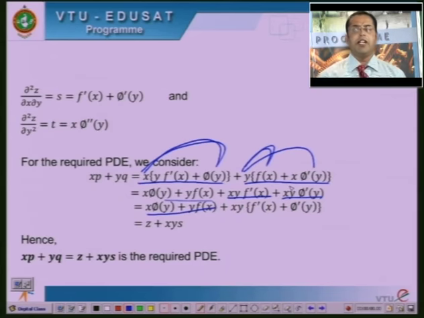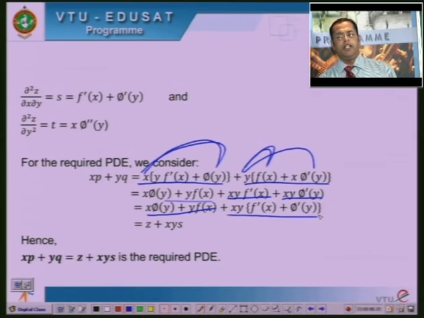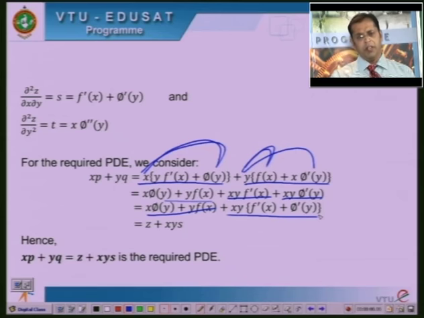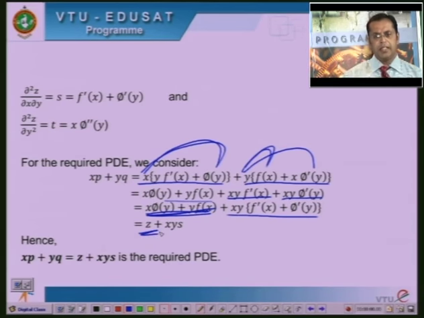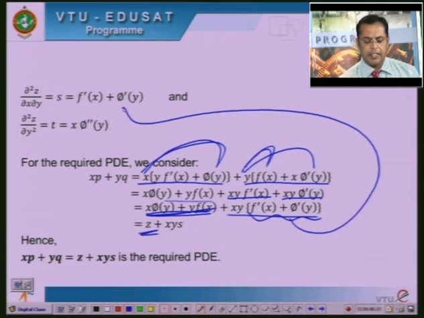The last two terms have xy common, take it outside. So, you have xy into f dash x plus phi dash y. If you observe the sequence of partial derivatives, the first term is nothing but the given expression z. So, that is replaced by z, and f dash x plus phi dash y, you can see here, is the partial derivative s obtained from your differentiation sequence.